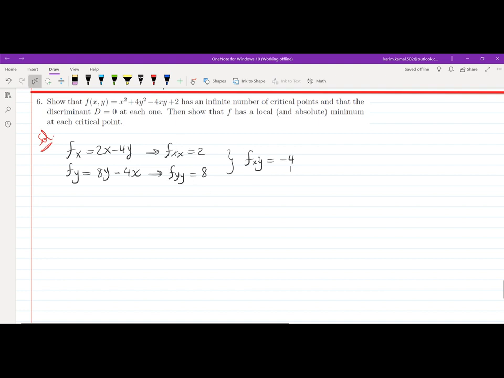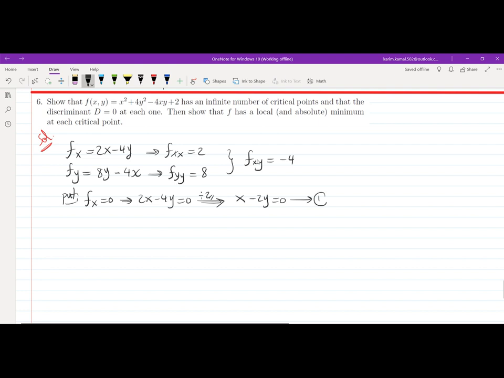Then we work like before: let fx equal 0, which means 2x minus 4y equals 0. If we divide both sides by 2, we will get x minus 2y equals 0. We can call it equation number 1.